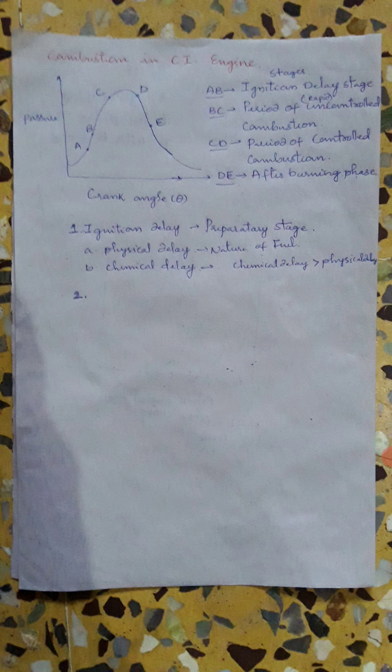Coming to the second stage, the period of uncontrolled combustion, also called the period of rapid combustion. What happens? The air is first sucked into the combustion chamber in the suction stroke, then it gets compressed in the compression stroke. After compressing, the pressure and temperature of the air become higher.